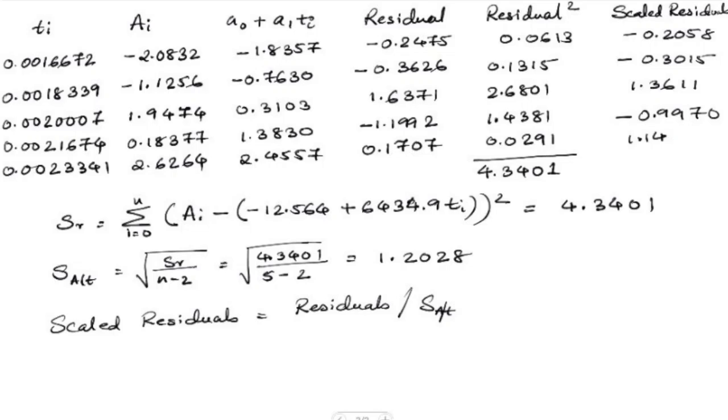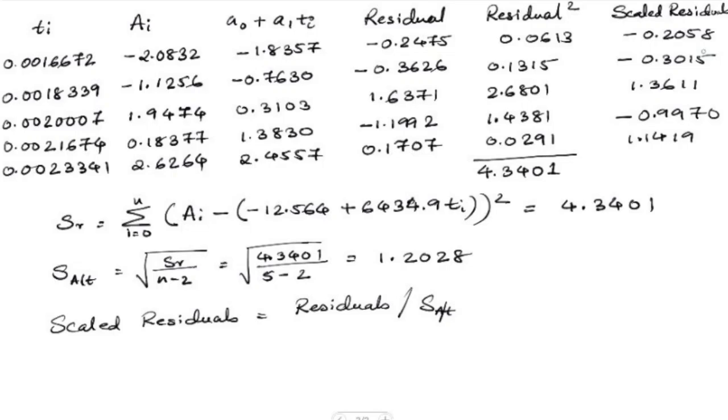Okay, now we are supposed to check if 95% of these values of the scaled residuals fall within the plus minus 2 standard error of estimate, right? So let's check. So we have minus 0.2 something.